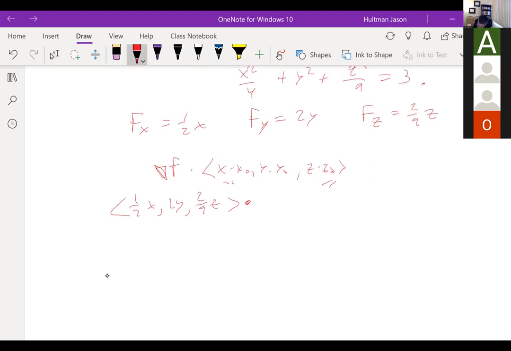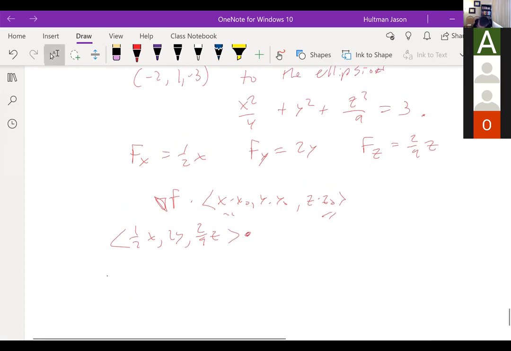So what are x, y, and z? x is -2, so 1/2 times -2 is -1, and this is 2/9 times -3. Dotted with this again.